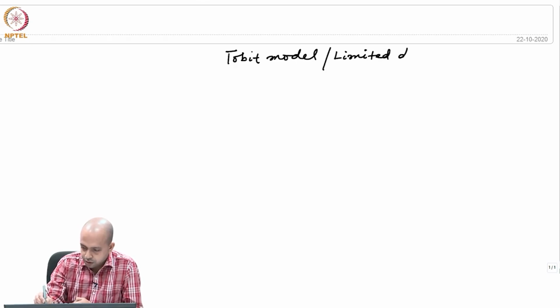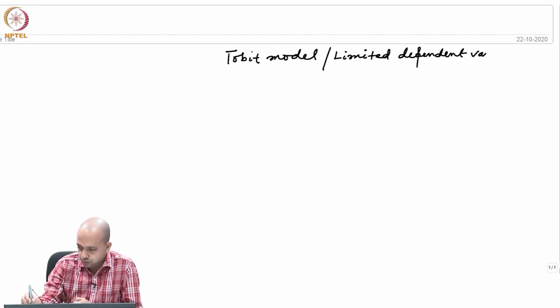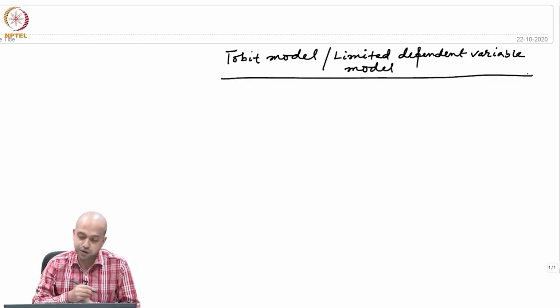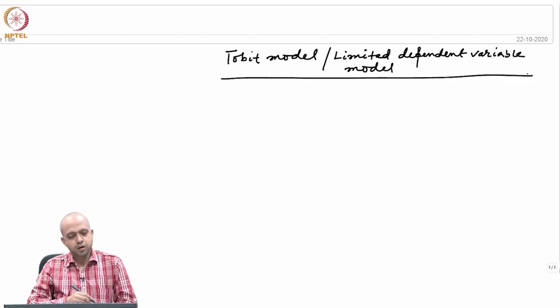So, these are models where the dependent variable is limited, that means we have limited information on the dependent variable.